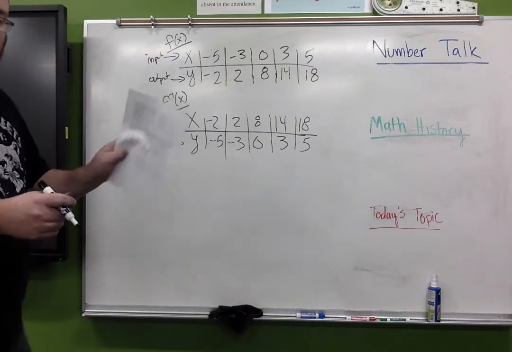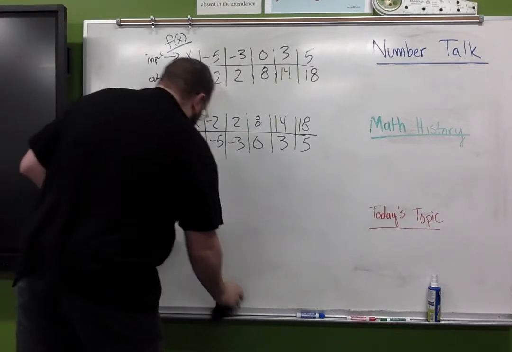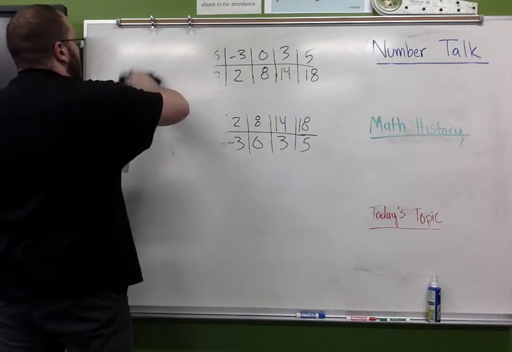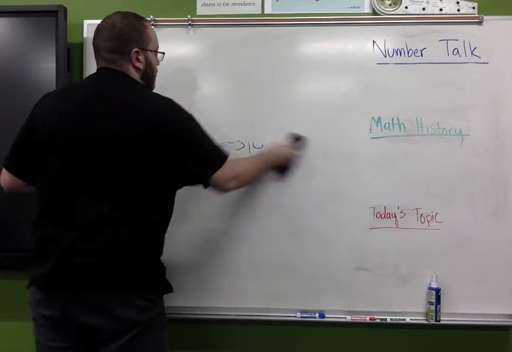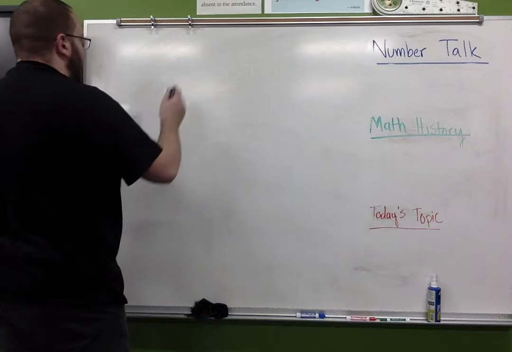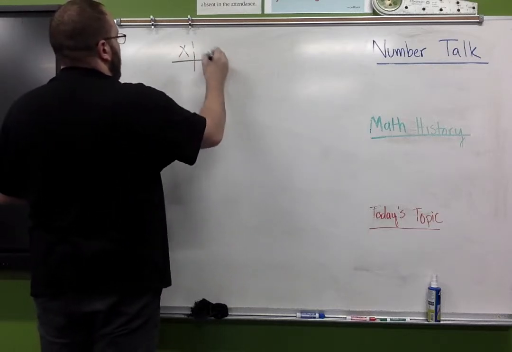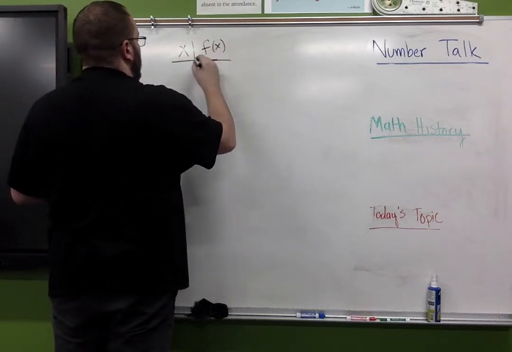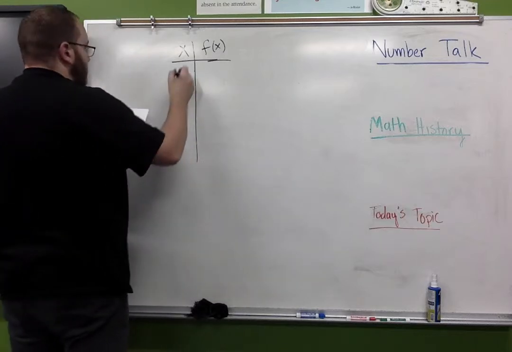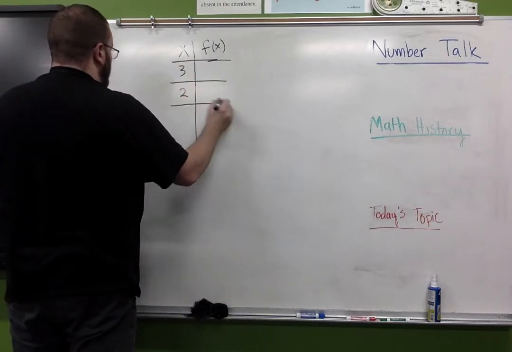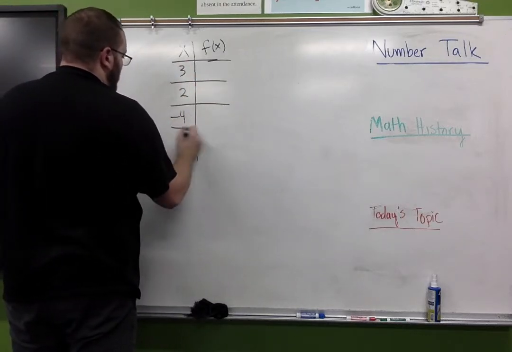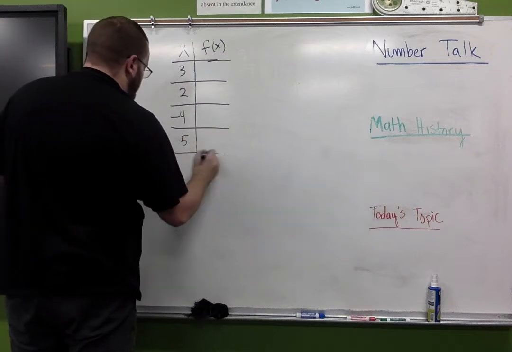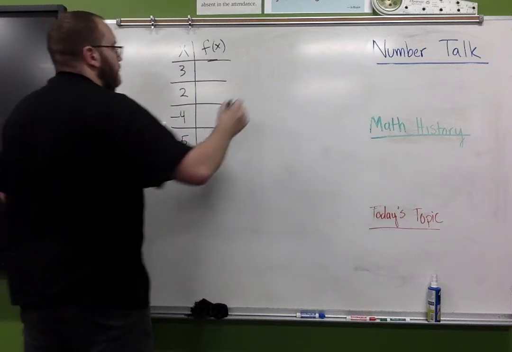So let's do this practice here. So let's see here. I have x, f of x. Let's see, this is 3, 2, negative 4, 5, 0.